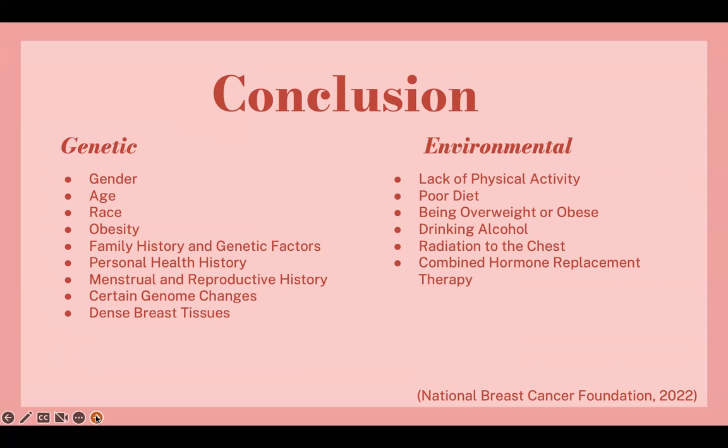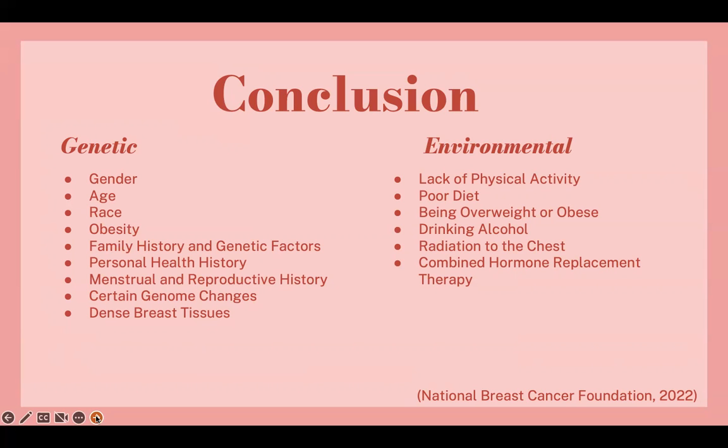Breast cancer in women is more common than breast cancer in men. Breast cancer in women becomes more invasive after the age of 55. Race prevalence in breast cancer is higher in Caucasian women than women of other races. Obesity is a risk factor for both men and women.